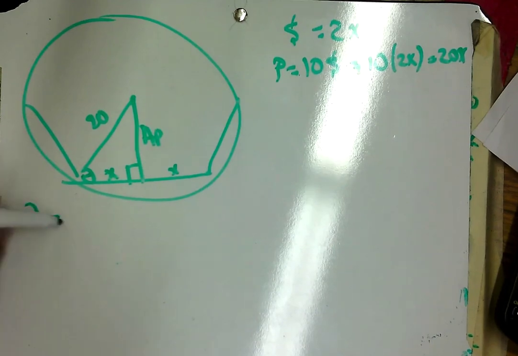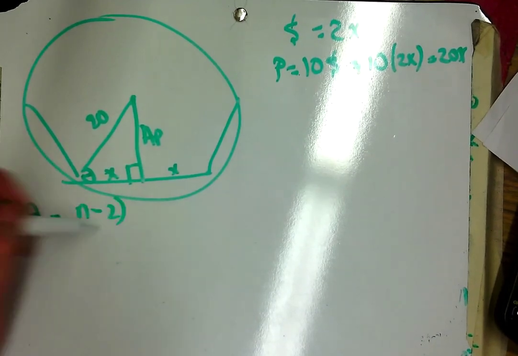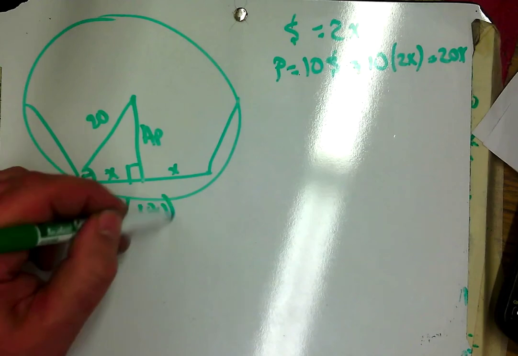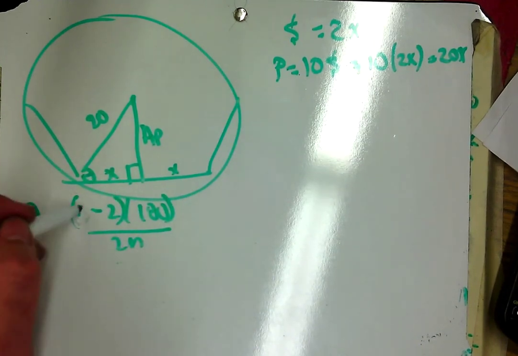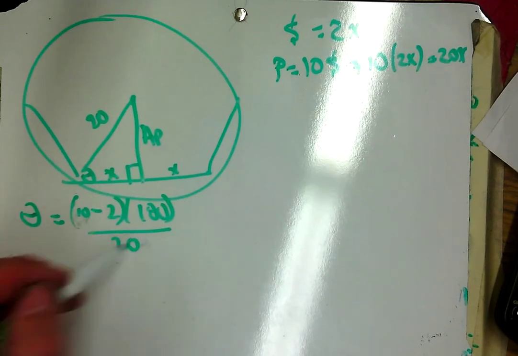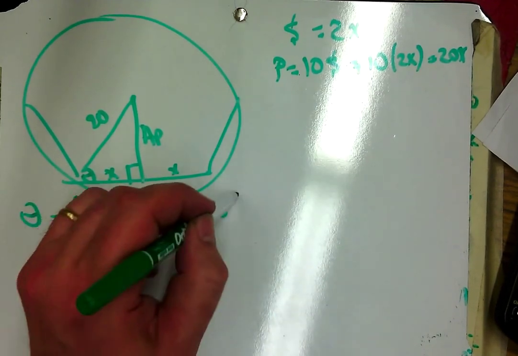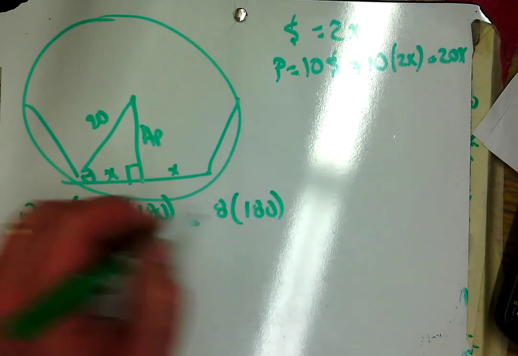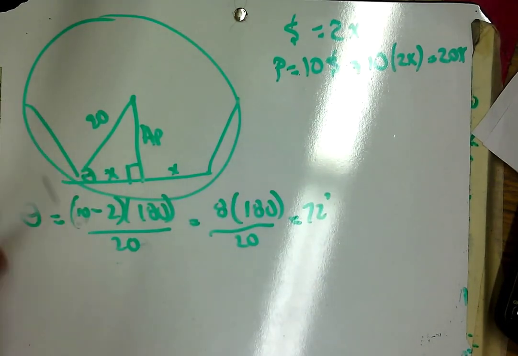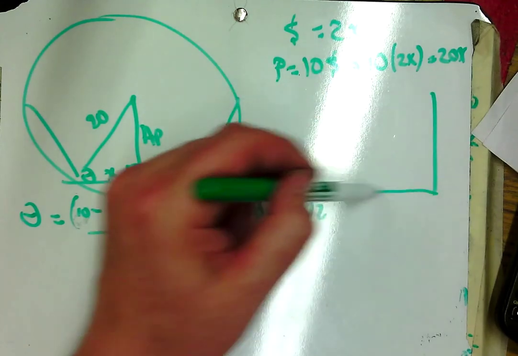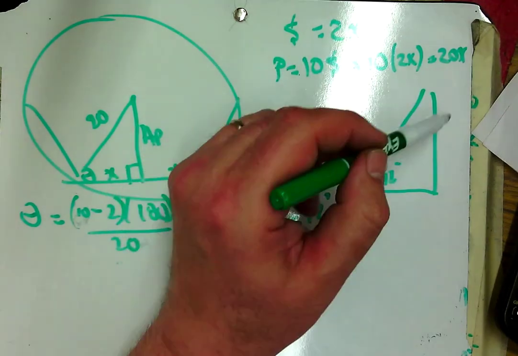Luckily I have a formula for theta, n minus 2 times 180 over 2n, where our n value for a decagon is 10. So we get 8 times 180 over 20, or 72 degrees. So we know that this angle is 72 degrees.